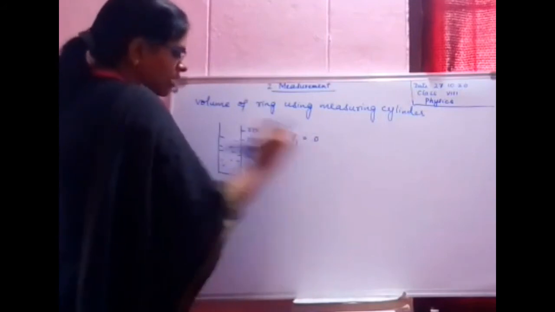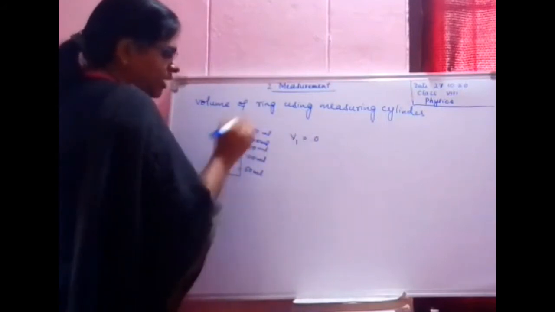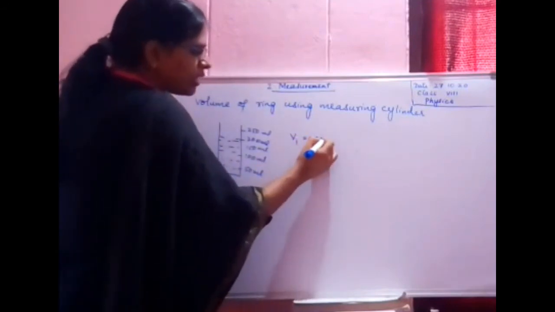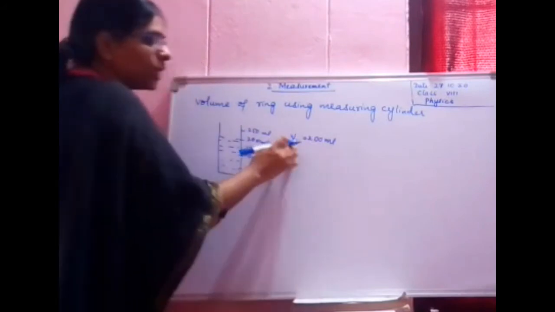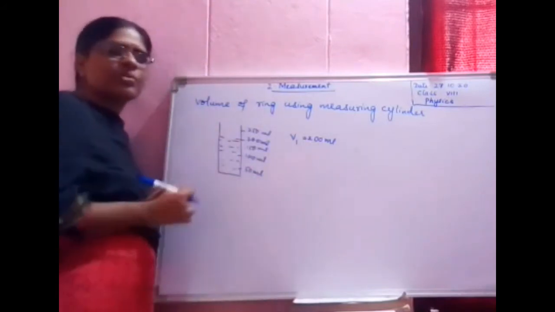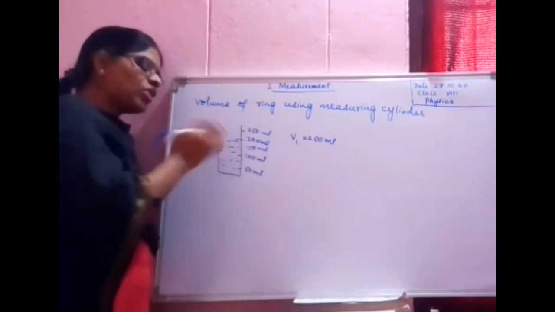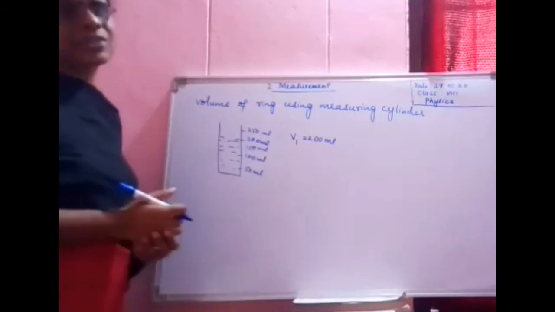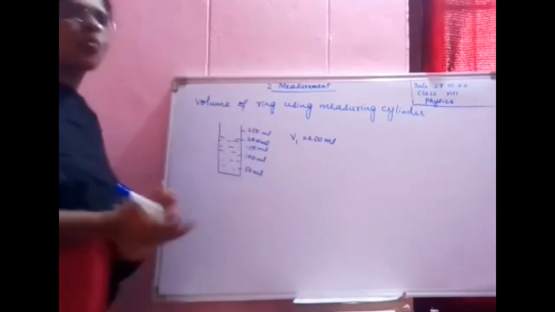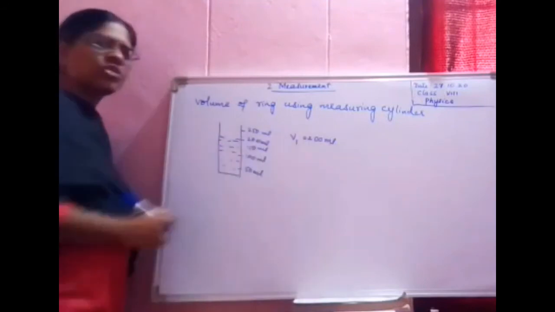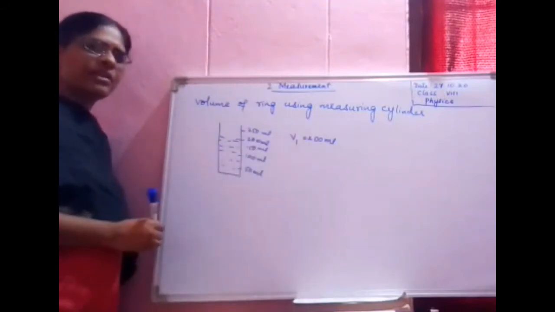For me, I have filled up to 200 ml. V1 indicates initial volume. That means I haven't dropped any object, I have just filled my measuring cylinder with water. Now V1 equals 200 ml.